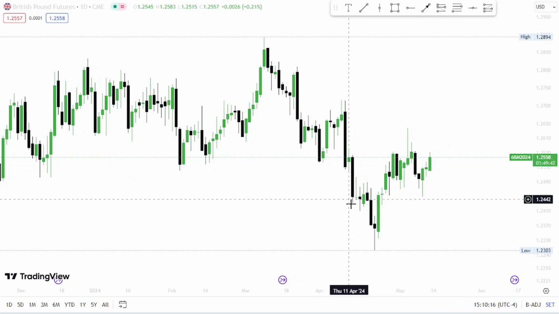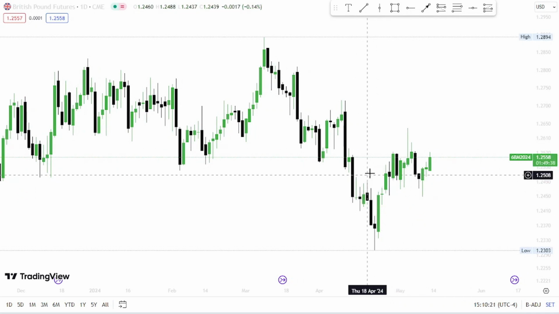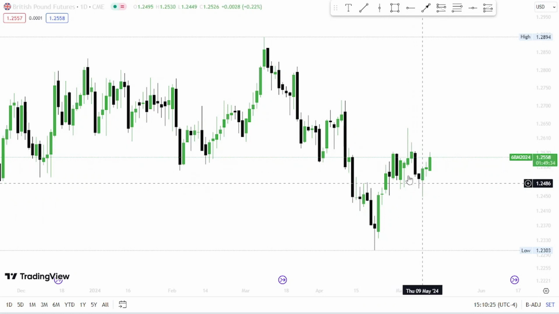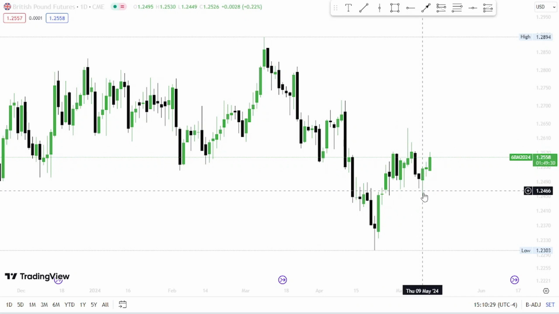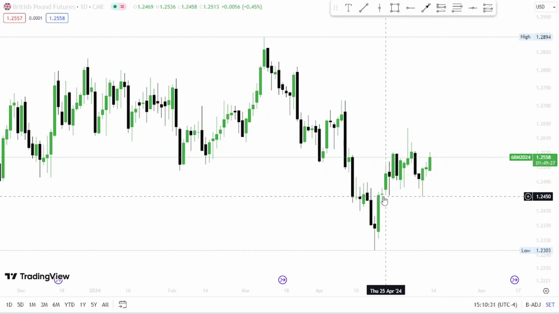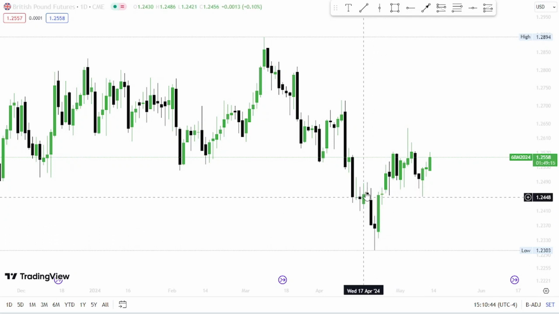As we can see here, the market went down, went up, had a break of market structure here, and consolidated here. Then it came back, retest. What is this? It's a volume imbalance here. Retested a volume imbalance plus an order block here.